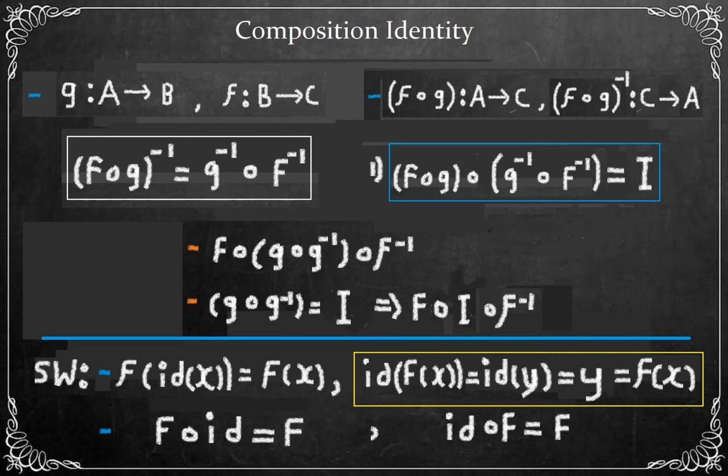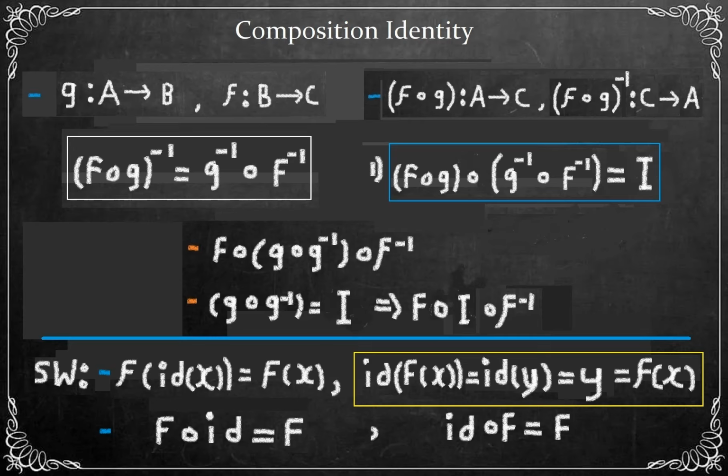Some brief scratch work. If we compose a function f with the identity function from the domain, the identity function acts on the input, which then produces the original output of f. Then we just get f of the identity function from the domain equals f of x.